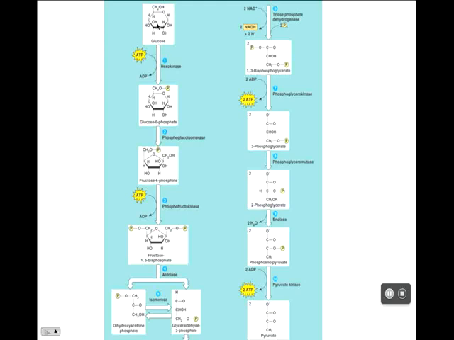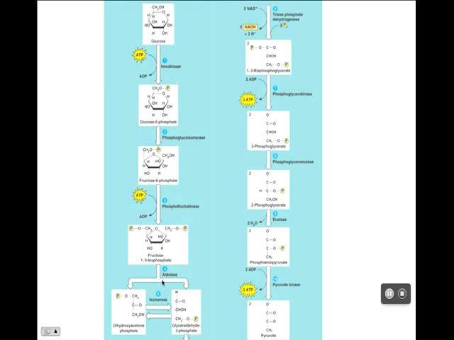An enzyme called hexokinase turns that glucose into glucose 6-phosphate. Another enzyme called phosphoglucose isomerase takes that glucose 6-phosphate and turns it into fructose 6-phosphate. Notice that hexokinase required ATP for its reaction to occur. Phosphofructokinase also requires ATP. That's why you use up 2 in the early processes.